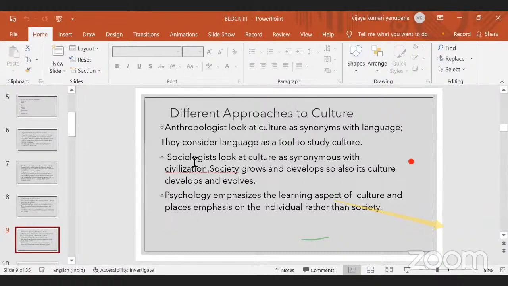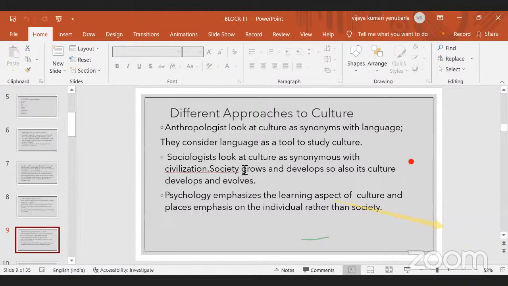Due to plague, many people died, but there was no vaccination or medicine available. People were simply left to die. So that society was not civilized. But now, if any pandemic occurs, we try to find a medicine, a vaccine, or the precautions we can take. Based on this, we can say ours is a civilized society. So sociologists look at culture as civilization.